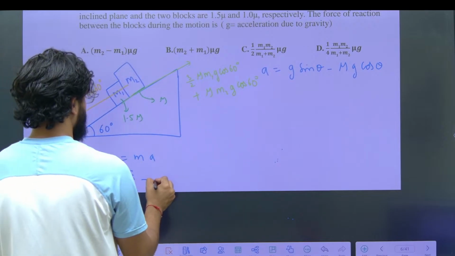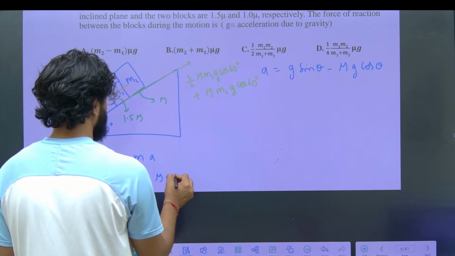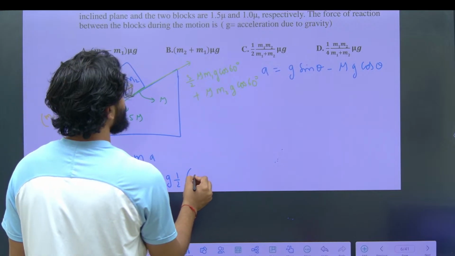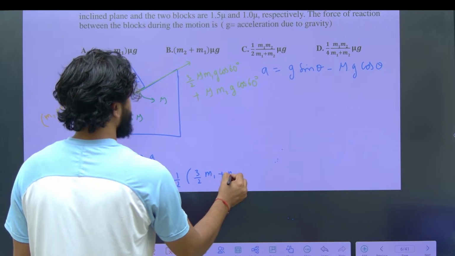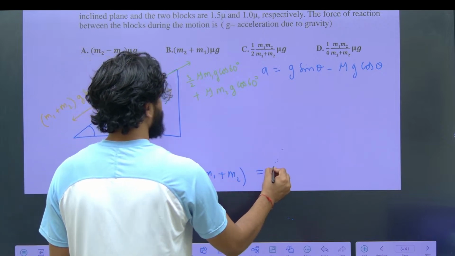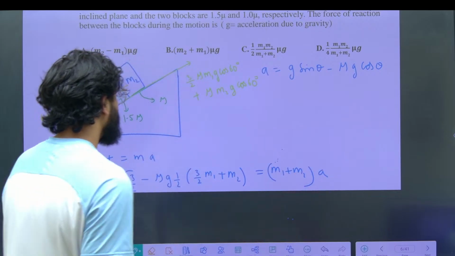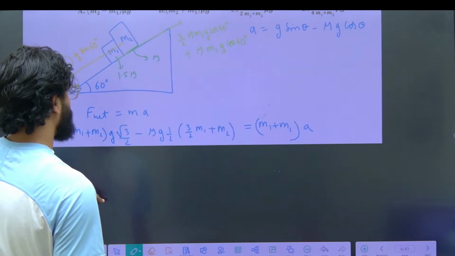Yes, we can take mu g cos 60, which is 1/2, common, and inside we will be left with 3/2 m1 plus m2, equals (m1 plus m2) a, correct? So this is the acceleration, very weird kind of acceleration, but we have to deal with it. Okay, chaliye. So a is this.